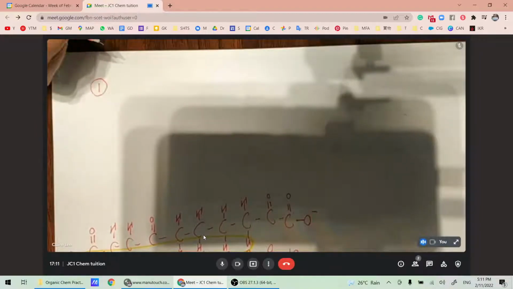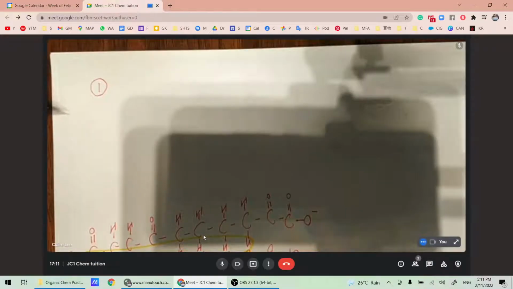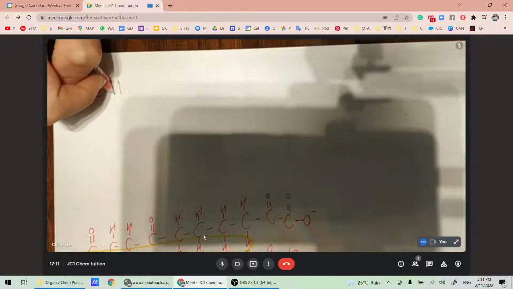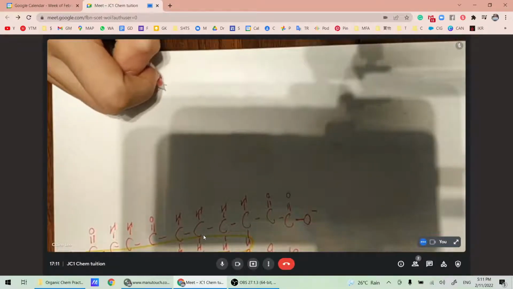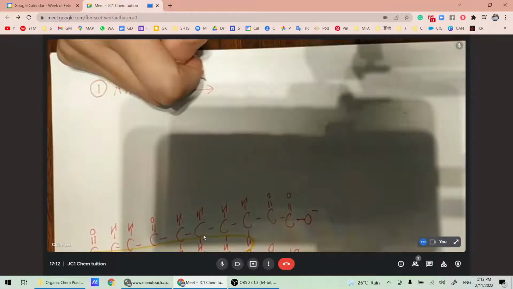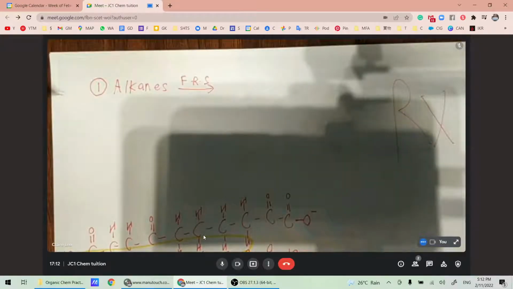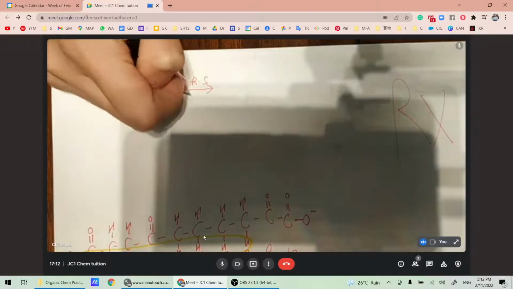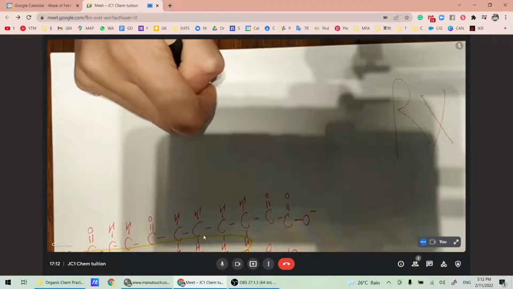The first way: alkanes undergo free radical substitution, FRS for short, which will give me RX, my halogen derivatives. Conditions are Cl2 and UV light.